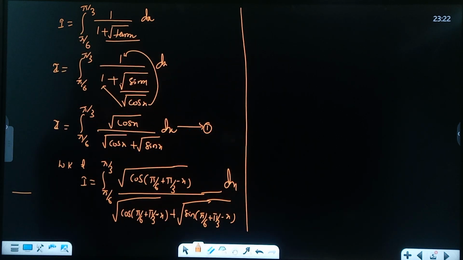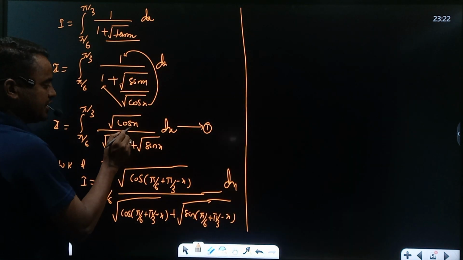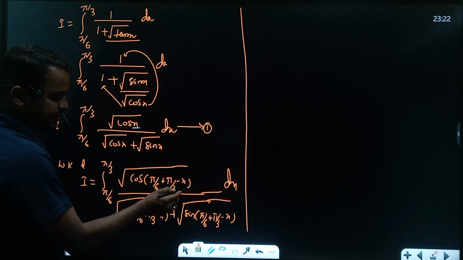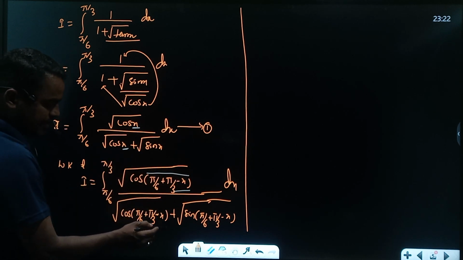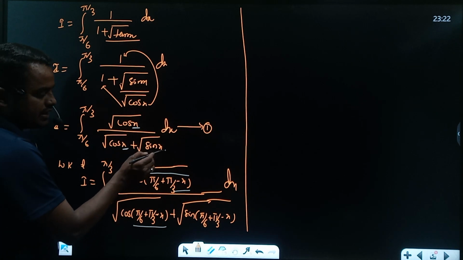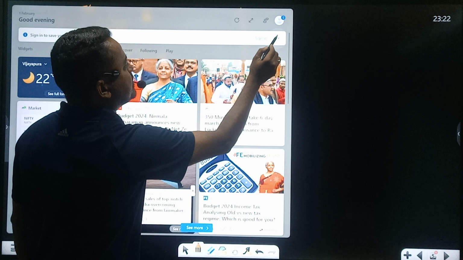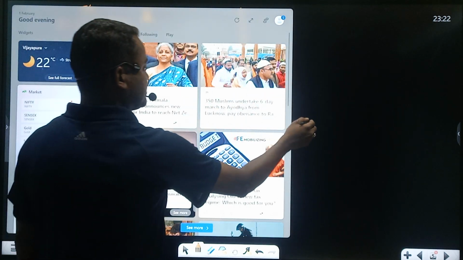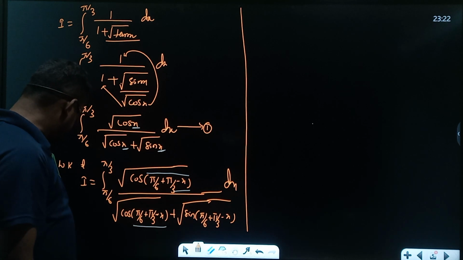After applying the property, x changes to 5 by 6 plus 5 by 3 minus x everywhere.